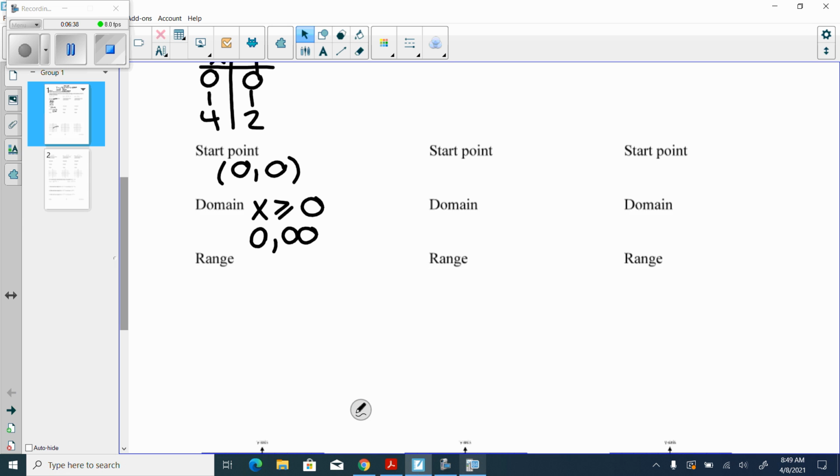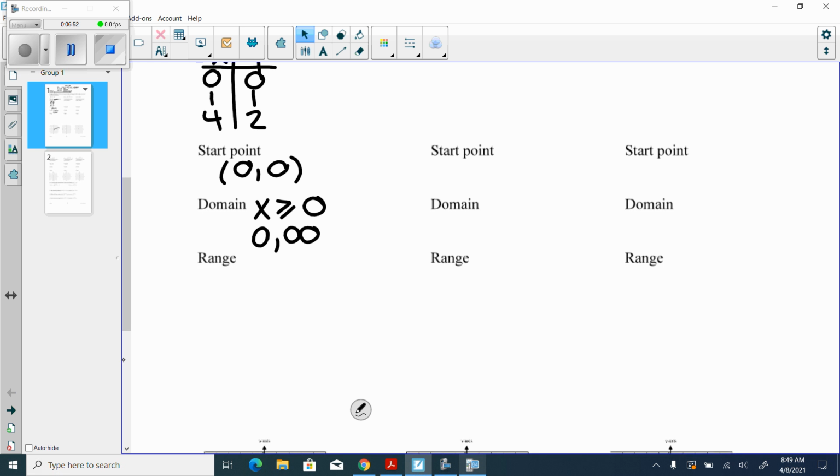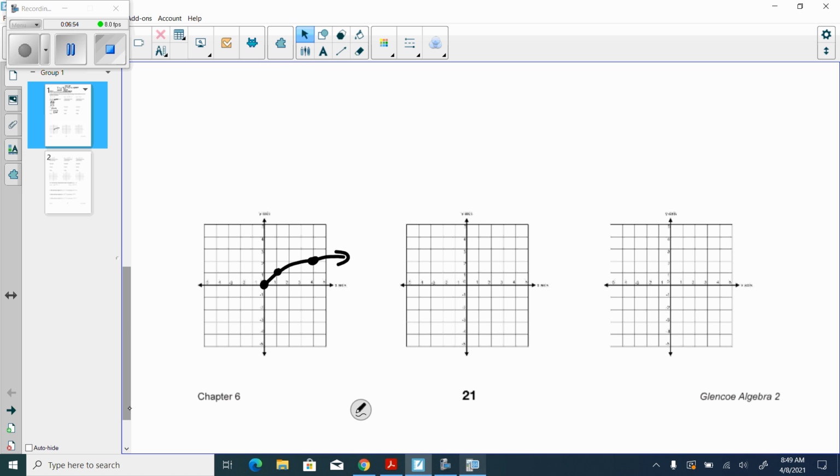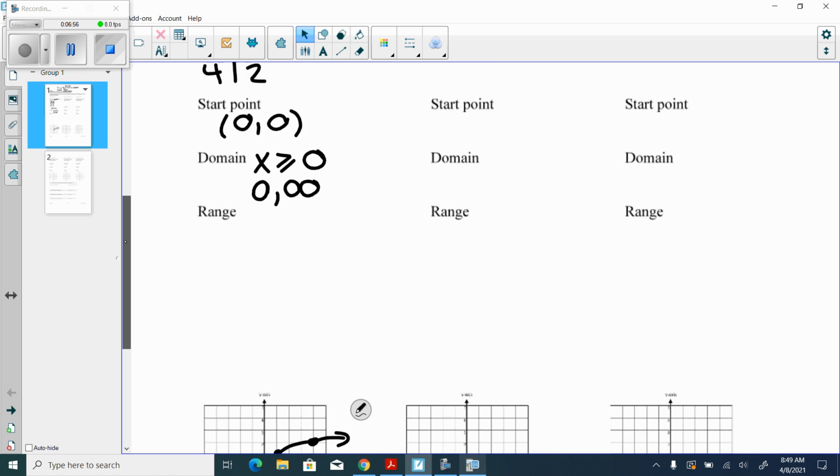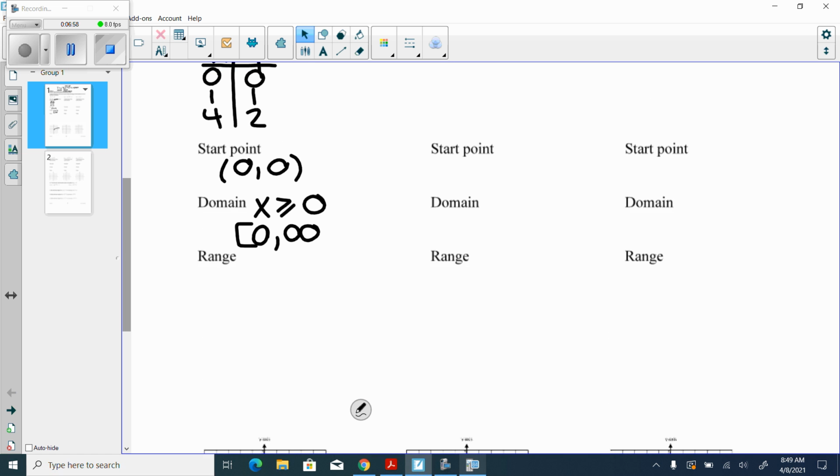And then we have specific things we put on the outside of those to show whether it's included or not. If it's not included, we use a normal parenthesis. If that number is included, you use a bracket. Okay. So 0, that is a filled in point, so it is included. So on this side, I will use a bracket.